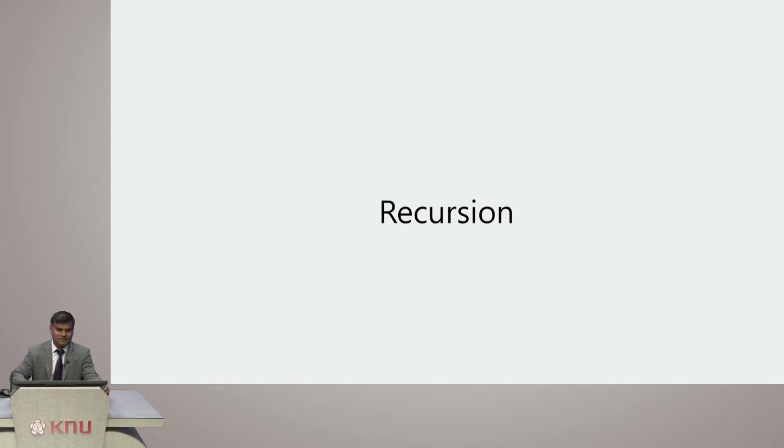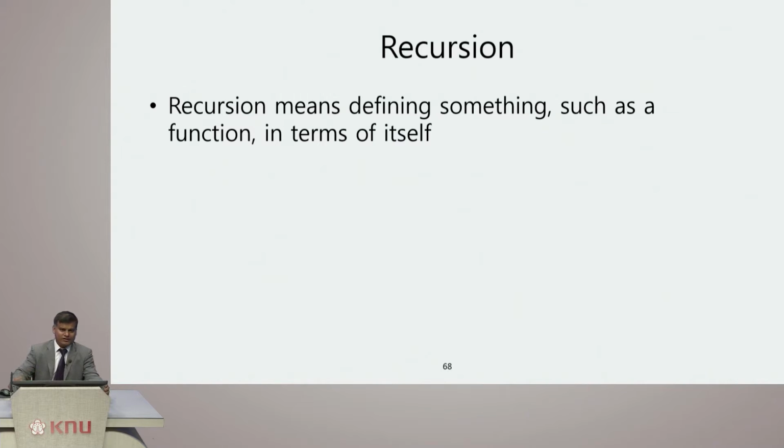Well, what is recursion? Recursion, by definition, means defining something such as a function in terms of itself. Is that confusing? Let's see, for example, f of x equals x factorial.